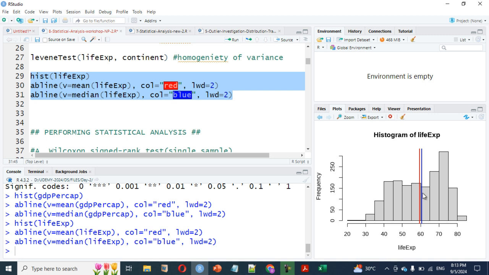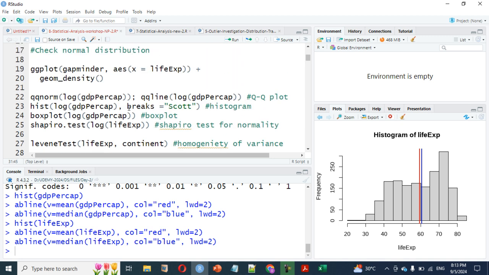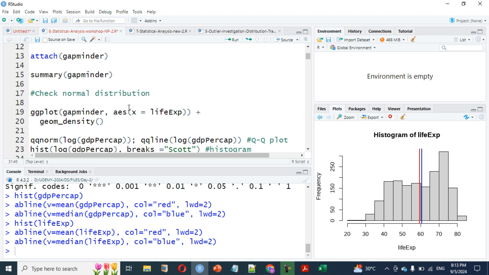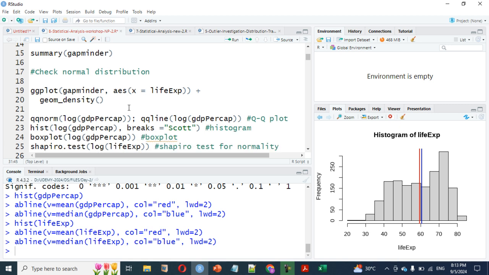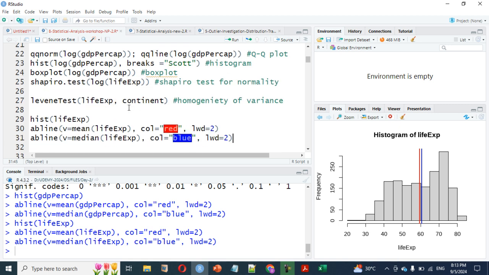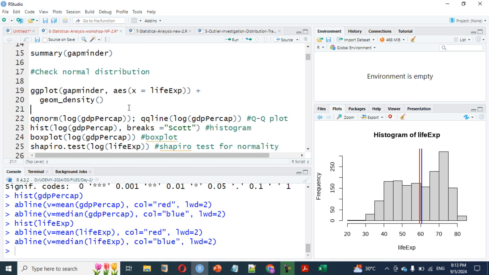They must lie on the same plane. So all the tests we have run so far show that this particular data set is not normally distributed and does not follow the homogeneity of variance assumption. So the tests have already failed, both graphically and numerically.